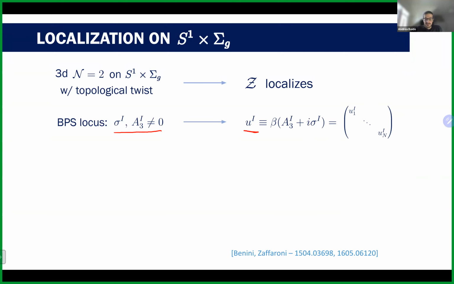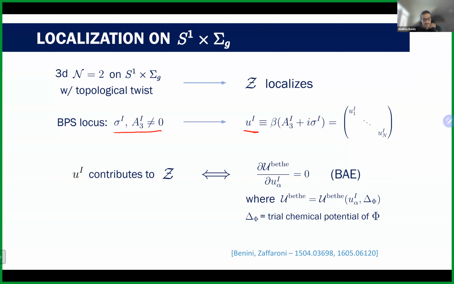This is just the gauge field plus i times the scalars, and there's also a beta appearing there, which is just the length of the S1. And these UI are also diagonal in the localization locus, and so you have n of these for each I.